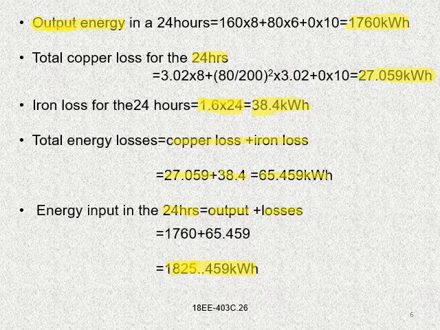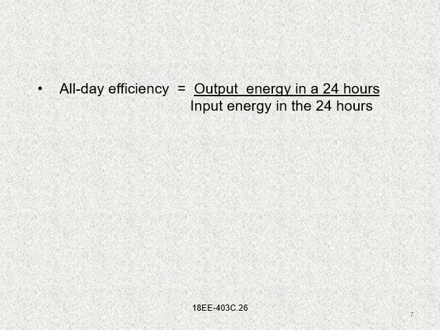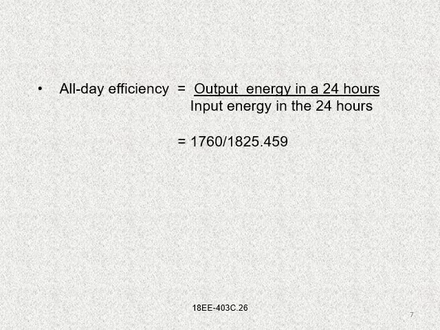Now we have total output in 24 hours and the total input in 24 hours. So now we can easily calculate the efficiency, all day efficiency, nothing but output in 24 hours by input in 24 hours. You can see here all day efficiency is equal to output energy in 24 hours by input energy in 24 hours.